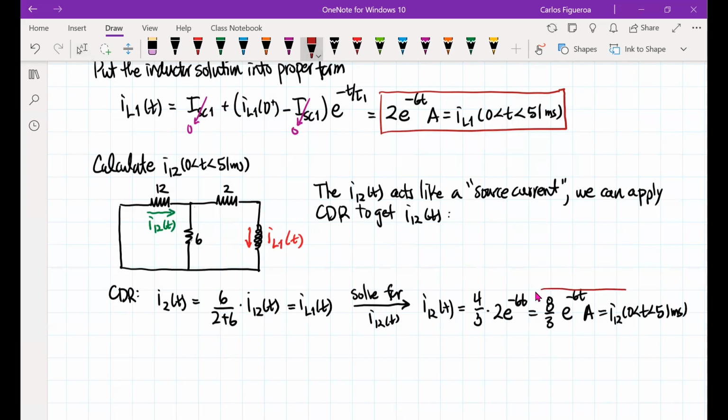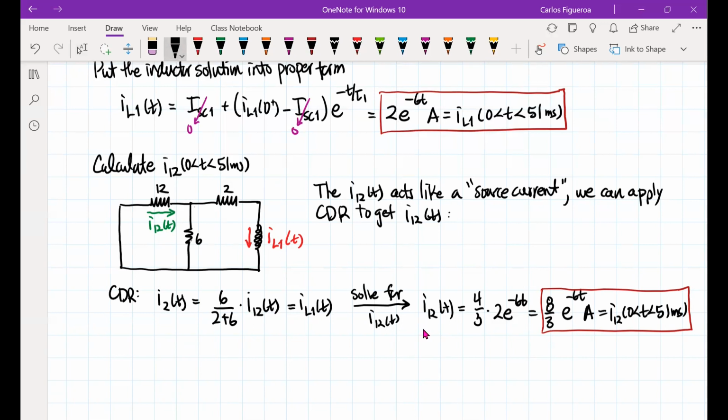So now I have the current of the inductor and the 12 ohm resistor.